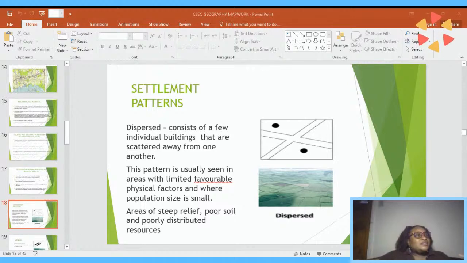So it is not totally isolated or dispersed because there are a lot more people living in the area, but we still have a lot of land space. And that is the nice thing about agricultural areas or rural areas with respect to that.